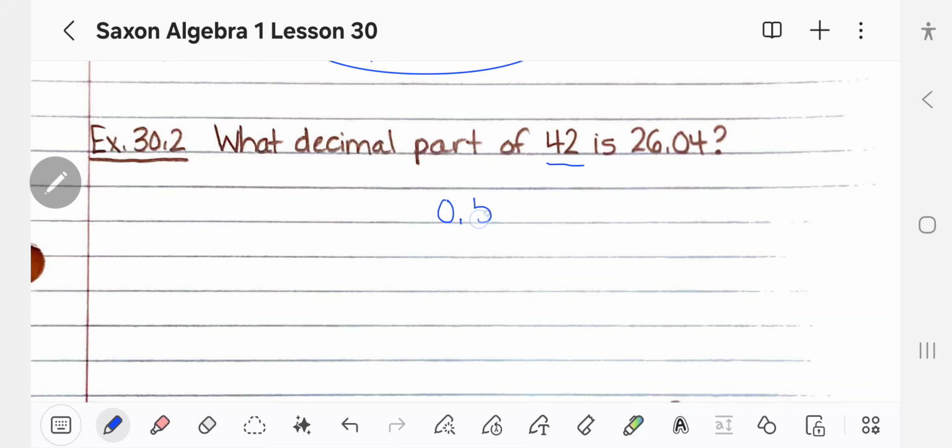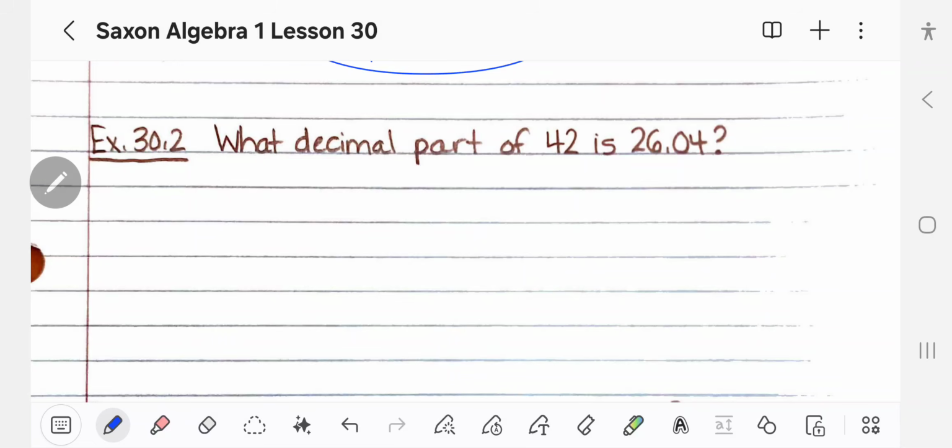So 0.5 of 42 is 21, because this is half. So we've got a bigger number than 21, so we're going to have a bigger number than 0.5. So I'm going to estimate that it's something above 0.5. Not too far above, but a little bit above. There's your mental math work for today.